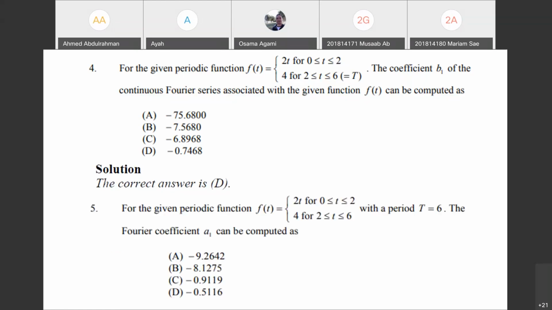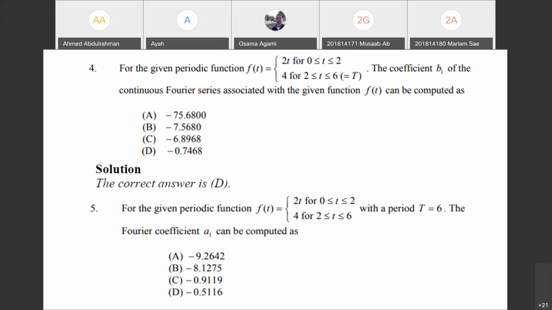Let's go for this question, which is the same. But this time he's asking you to find A1. For the same function, I found B1. And for the same function, I'm looking for A1. You have the coefficient An, so put n equal to 1 and use your calculator.